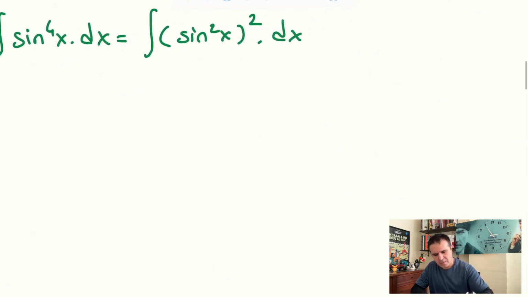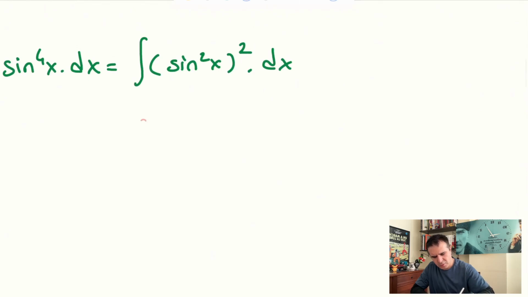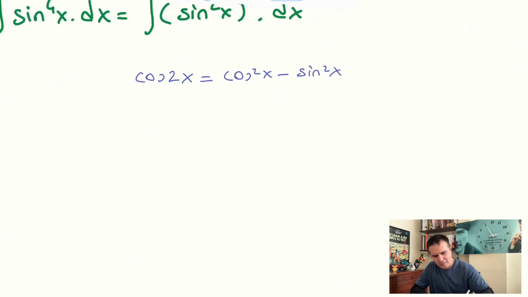We know that cosine 2x is equal to cosine square of x minus sine square of x. If we write 1 minus sine square of x instead of cosine square of x, then the equation becomes cosine 2x equals 1 minus 2 times sine square of x.